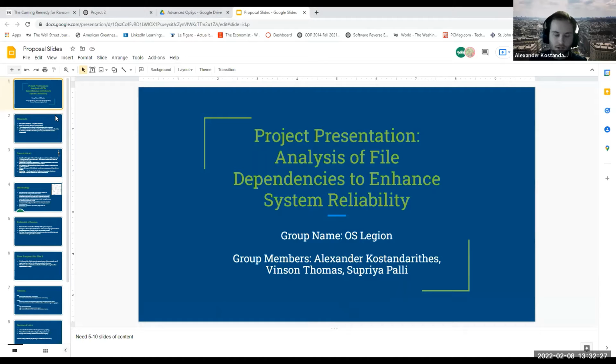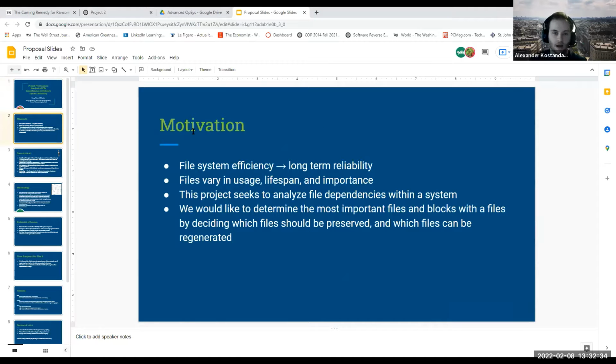So our project topic is called analysis of file dependencies to enhance the system reliability. The idea here is basically that certain files are extremely transitory in their lifetime in the file system, and some files are dependent upon a lot of others.